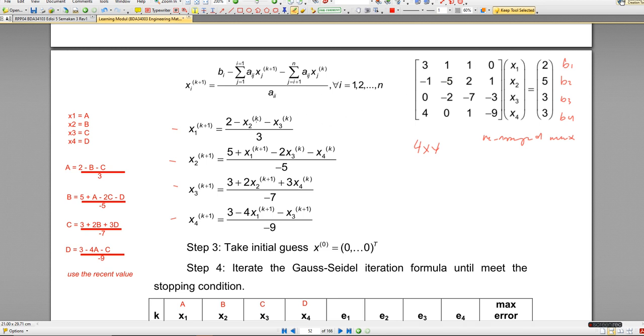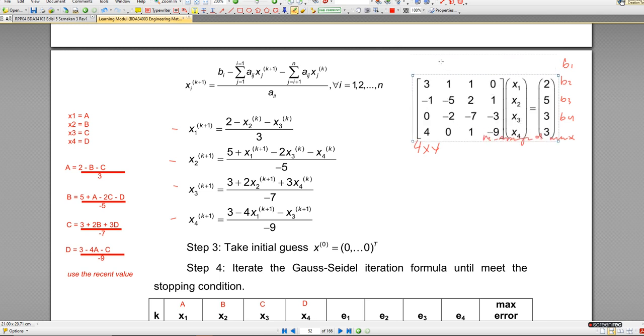The rest is followed by this one, minus, because the equation is minus. If this one is plus, you get plus. When you minus plus minus, you get plus, like this one, plus 3. So 2 is B. Which one? 2 minus x1. X1 is because this one is 1.